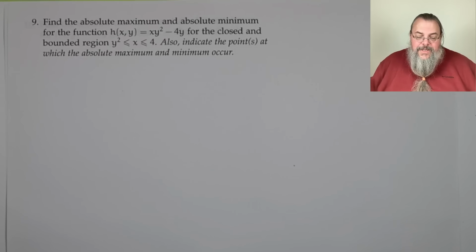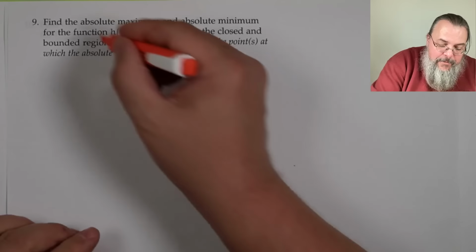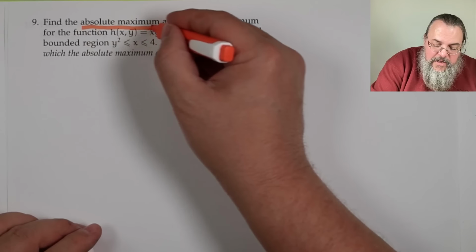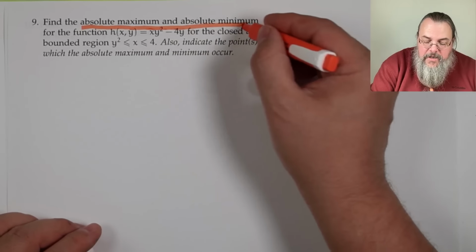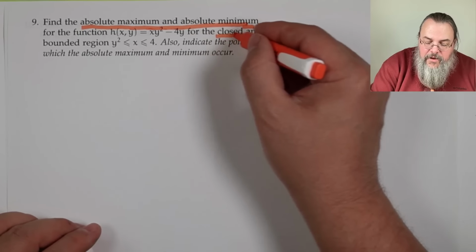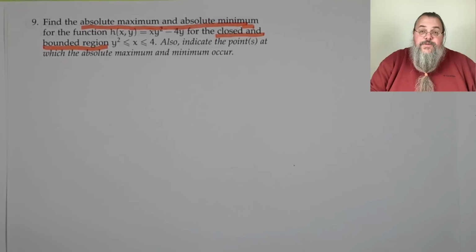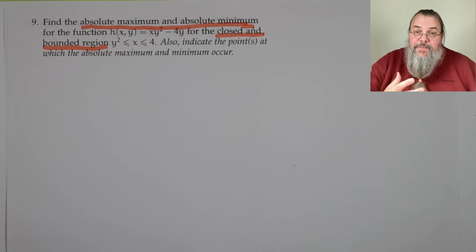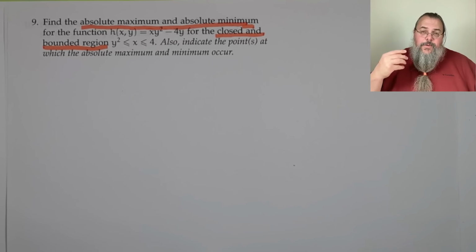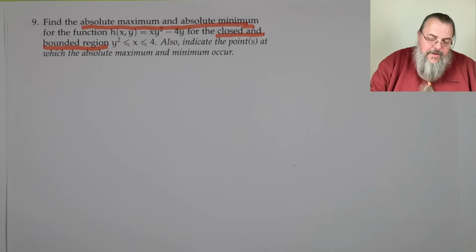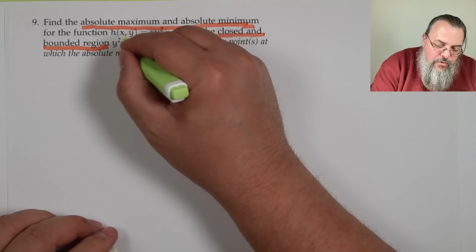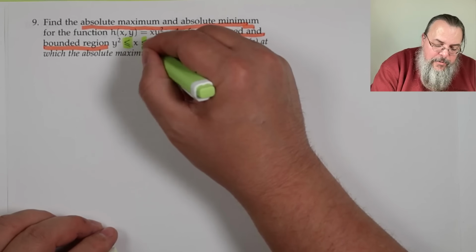All right, so there's some clues here. We see absolute max and absolute min. Now that's a clue. It doesn't necessarily say for sure what we are, but we also see this closed and bounded region. That's a really big clue, but there's one more really big piece. When we're looking for it, the question is, do we include the interior or are we just on the boundary?